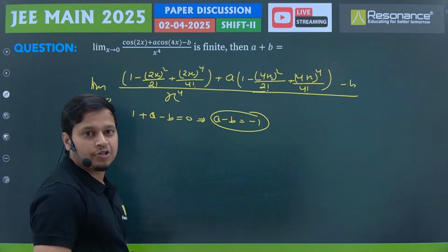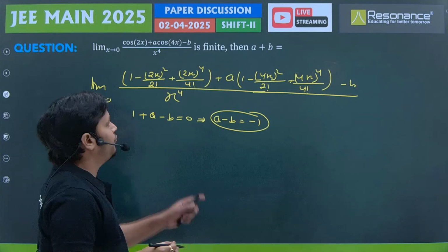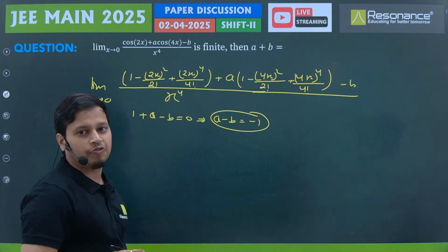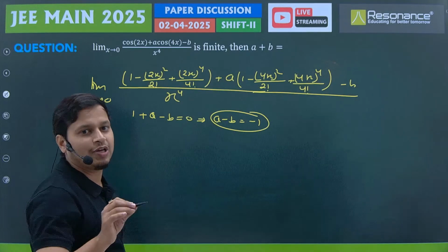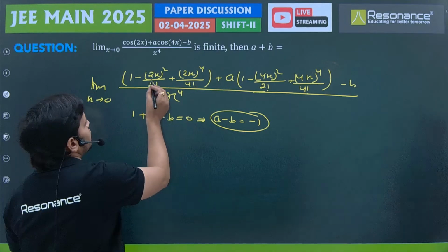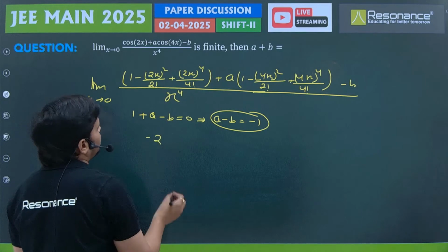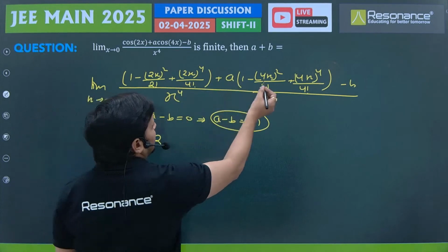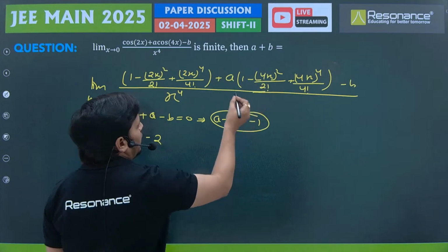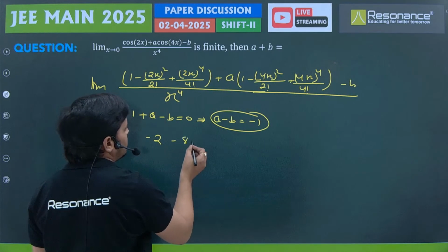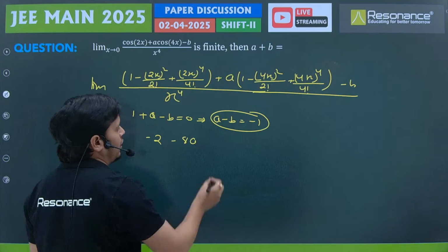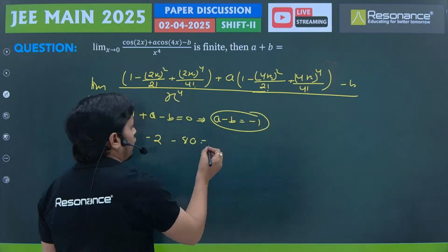Then next, simply the coefficient of x power 2, I am equating with 0. Coefficient of x square, 2 square 4, 4 by 2, that is equal to minus 2. Then here 4 square 16 by 2 is 8, a will multiply, minus 8a. There is no other x square term, equal to 0.